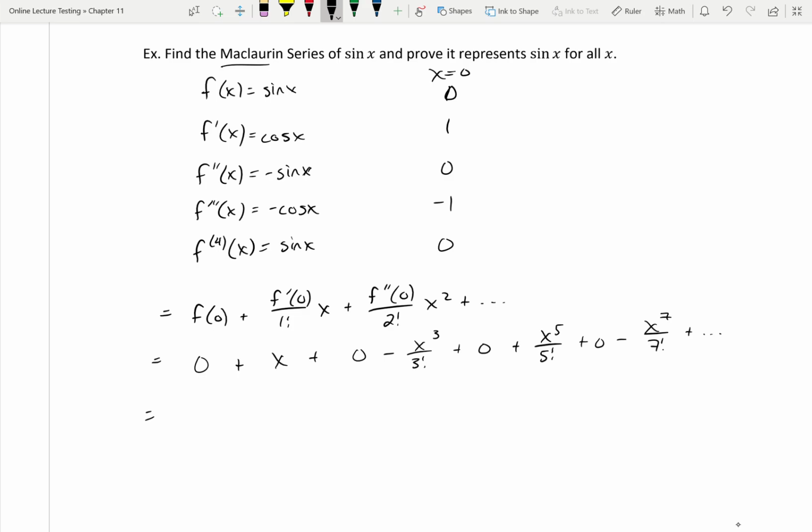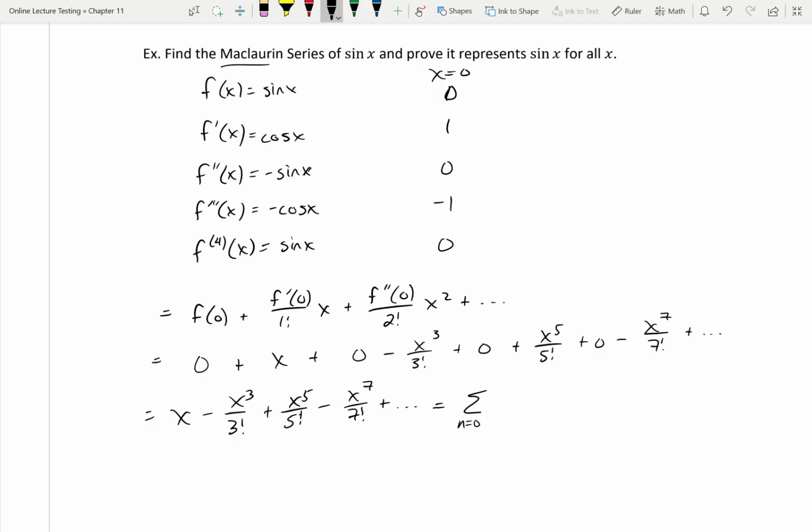Notice that we can reduce this down. So look what this becomes. This is an alternating series, and we can rewrite this if we look at the terms.